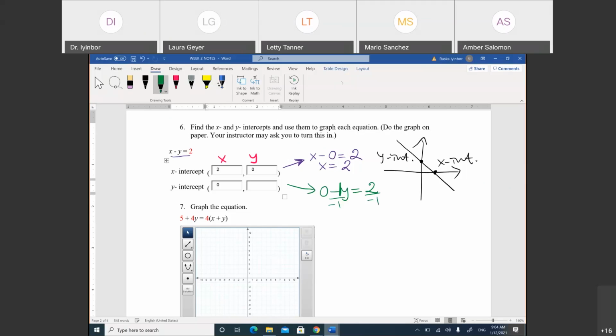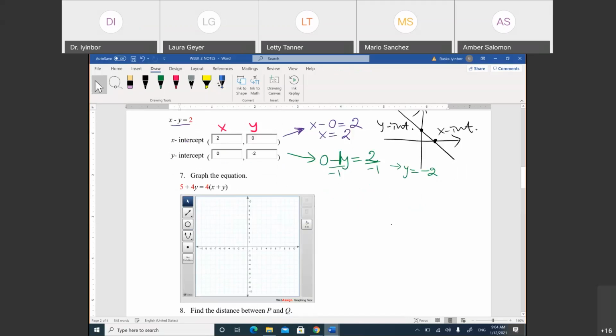So -1 divided by -1, a negative divided by a negative, gives you a positive. So y equals -2. So that's what you're going to put in the place of y, the second one. So the y-intercept is (0, -2). Okay? So that's how you find the x-intercept and y-intercept.